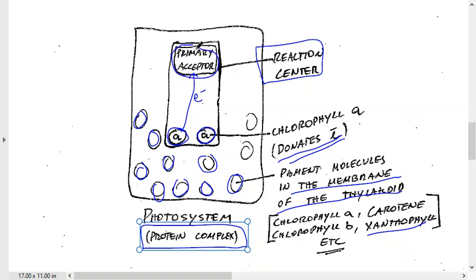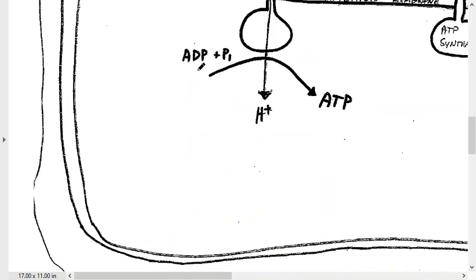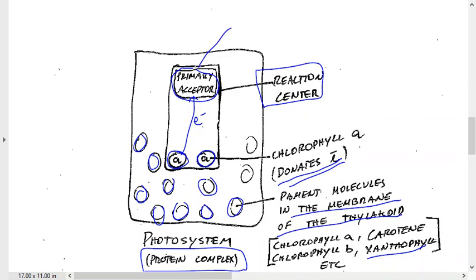And this primary acceptor isn't anything special. It's just a protein. It's a very electronegative protein called the primary acceptor protein.